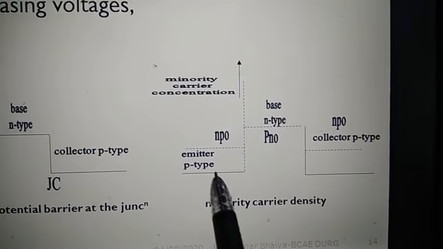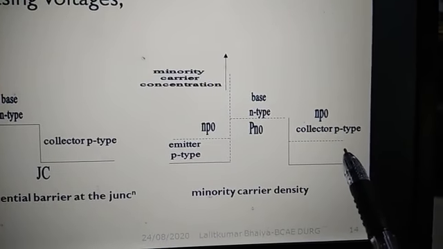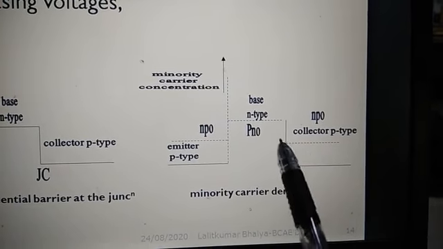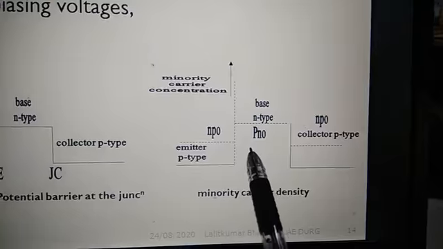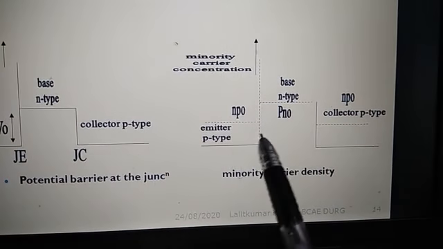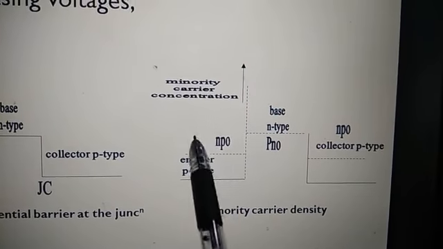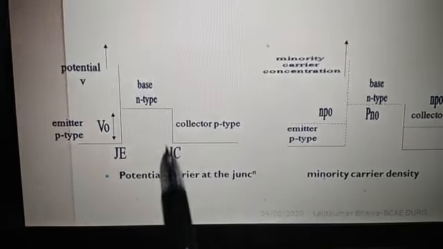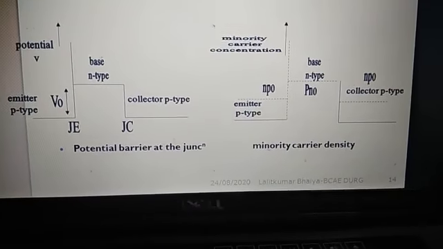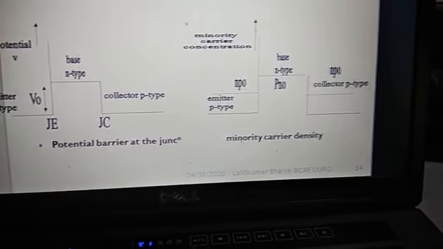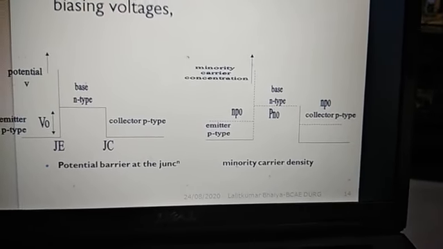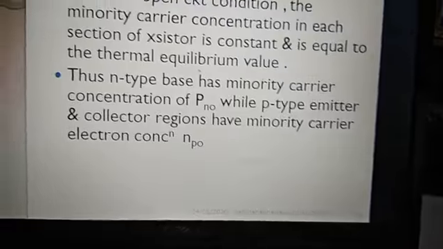Similarly, the emitter is P type, the collector is N type, and this base is N type. This minority carrier concentration is shown here, and this is the majority carrier concentration shown here. Looks like a similar type of diagram, but after connecting it there will be changes in the operation.